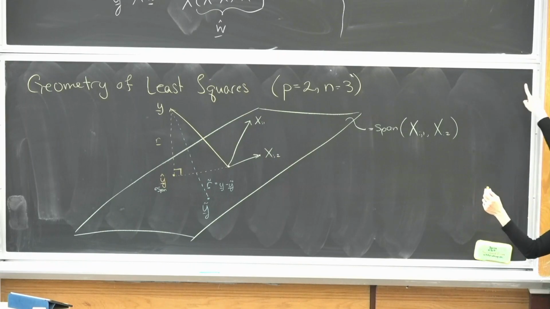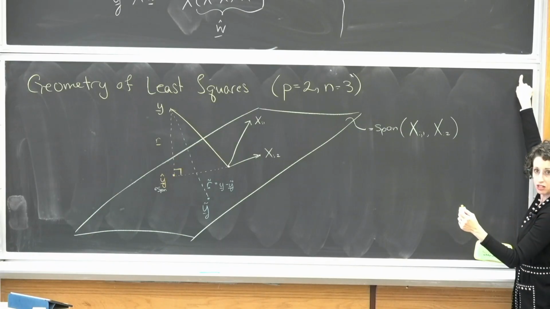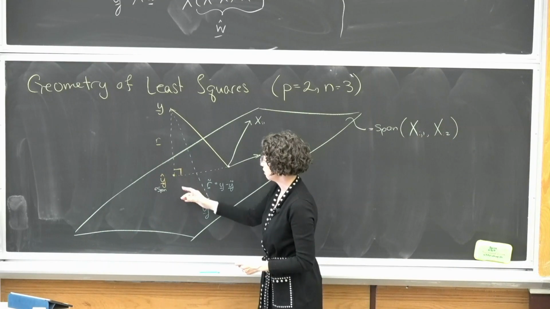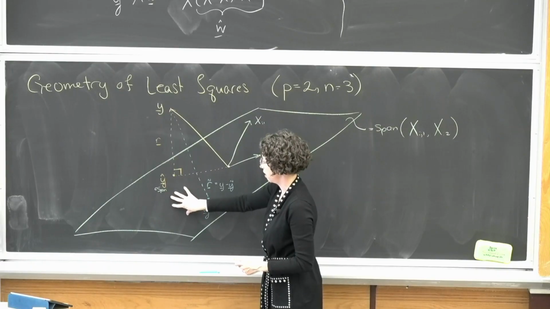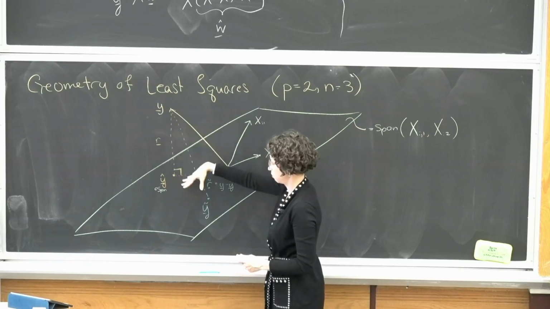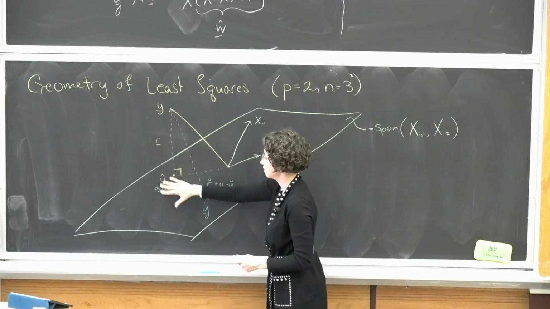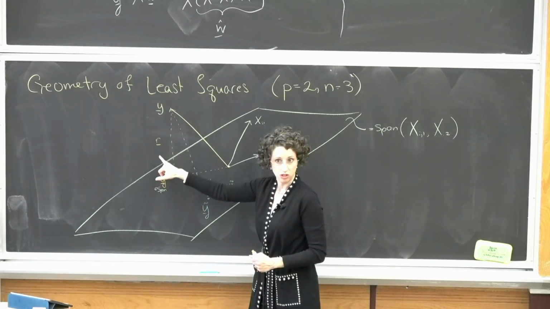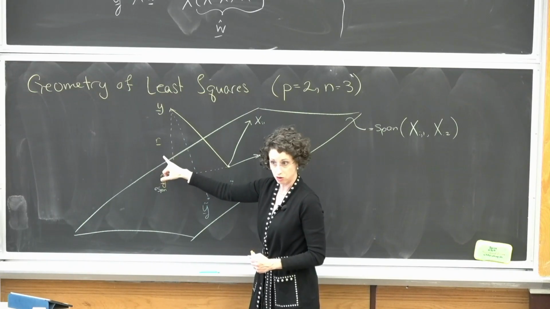If I were to choose some other line like this that's not perpendicular to the board, it's going to be a longer line, right? Okay, so same concept here. We're choosing a point y hat that's perpendicular to this plane, and the residual vector is perpendicular to the plane. Y hat is inside the plane, but we've got this right triangle here, and that's what's going to minimize the sum of squared residuals.